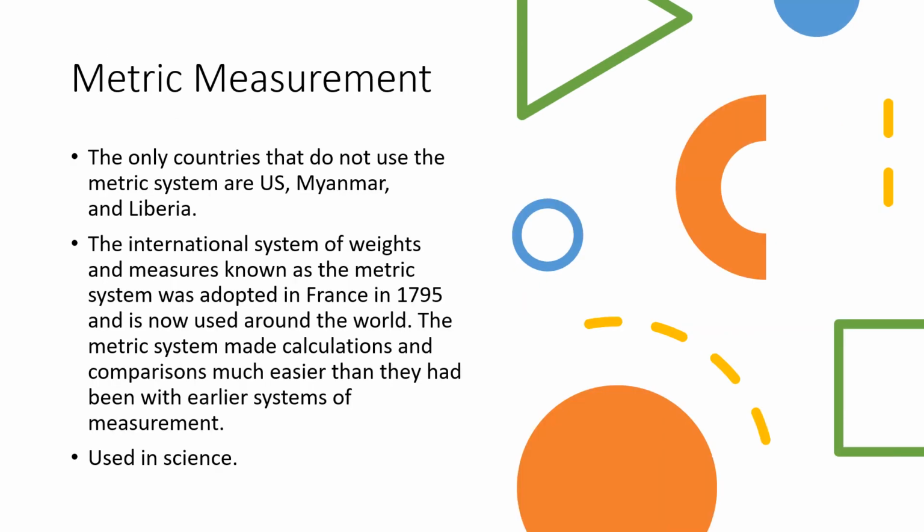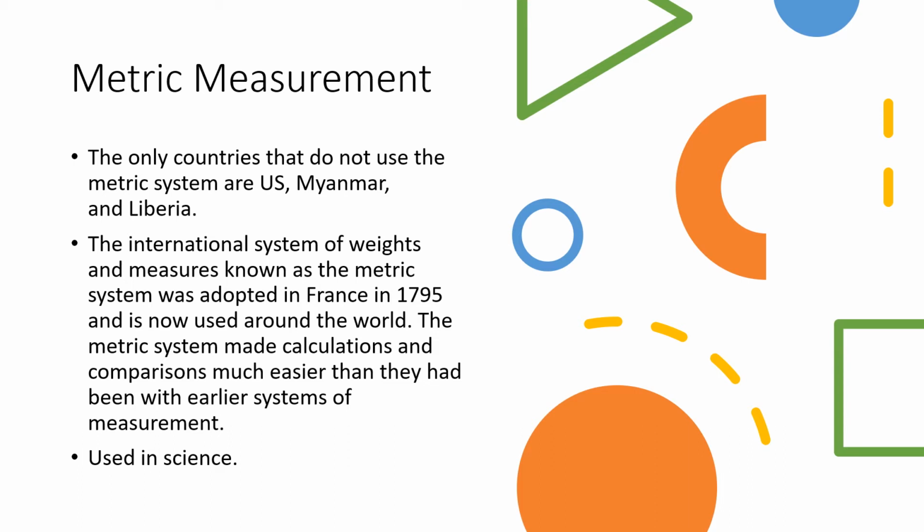Then there's the metric measurement. The only countries that do not use the metric system are the United States, Myanmar, and Liberia. The international system of weights and measures, known as the metric system, was adopted in France in 1795, and it's now used around the world.